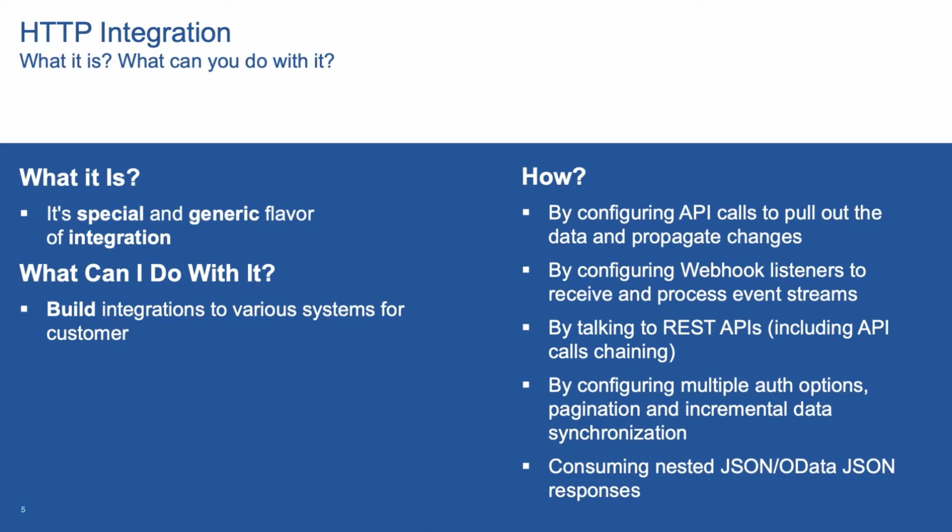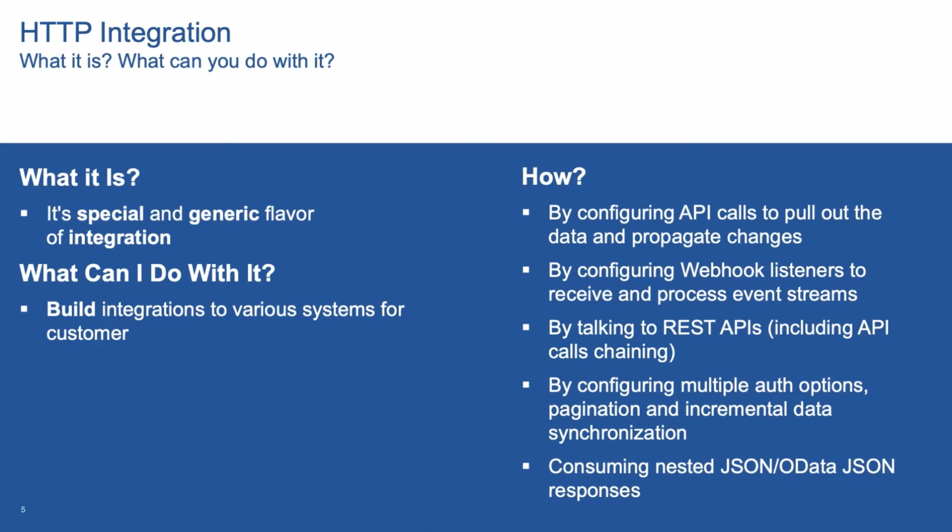And how can you do that? You can do that by configuring the API calls to pull out the data from those systems' APIs or propagate the changes back to the systems of record through the APIs they expose.